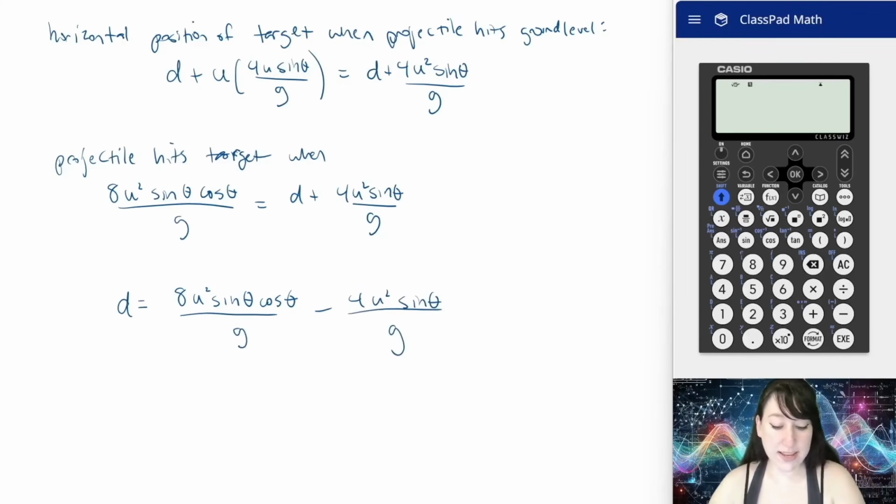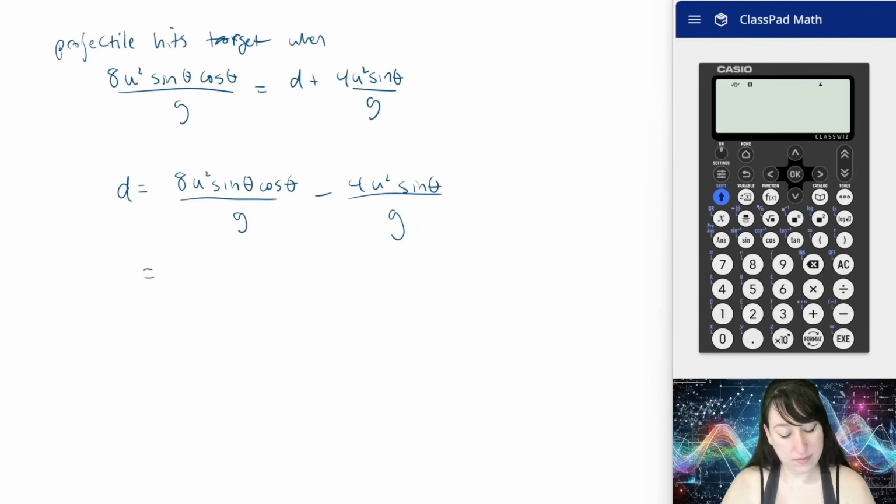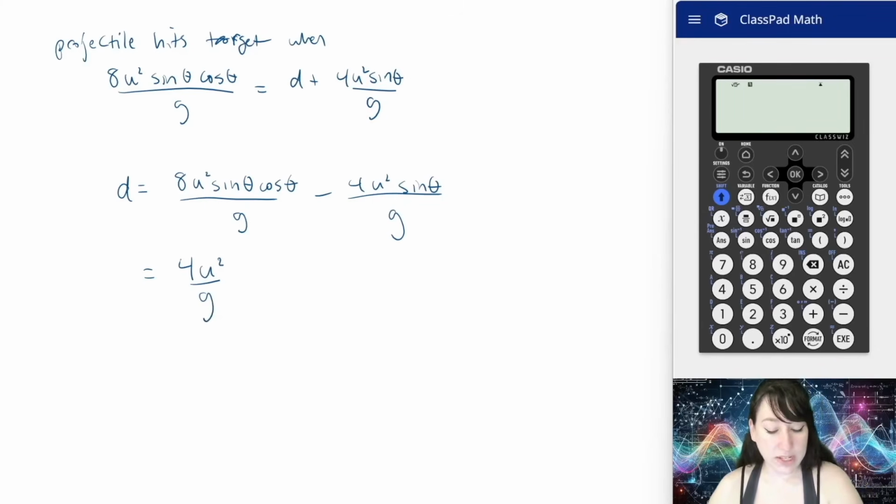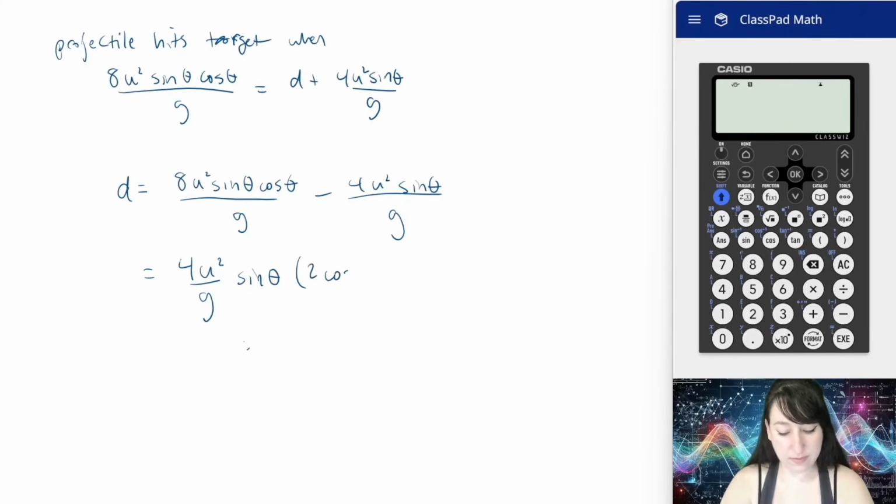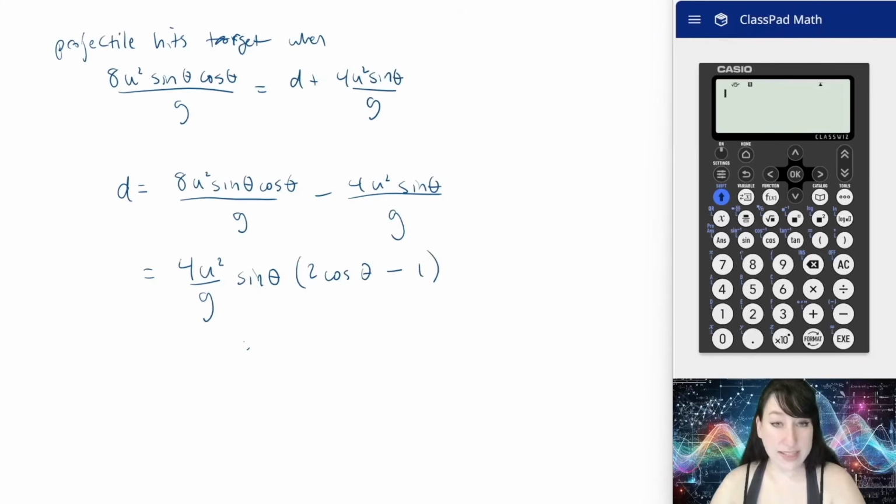We've got both sine theta and cosine theta, but we could factorize sine theta, as well, of course, as 4u squared over g. So we have d is equal to 4u squared over g, sine theta times 2 cosine theta minus 1, and we want to know what its max value is.